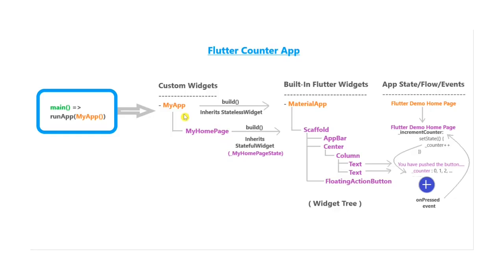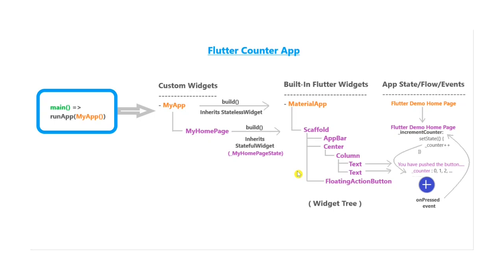All the custom widgets are mapped to a bunch of built-in widgets by Flutter. Those built-in widgets are formed into a tree called the widget tree. All the state of the app is maintained in that widget tree. Furthermore, Flutter also has two other trees called the element tree and the render object tree.